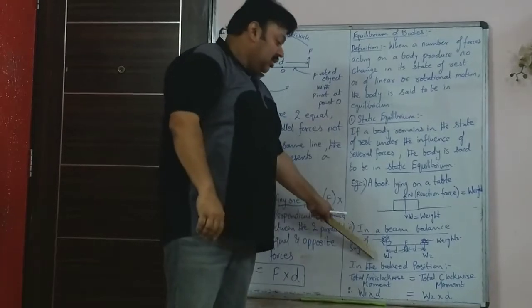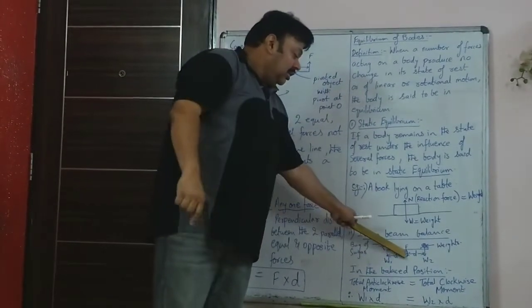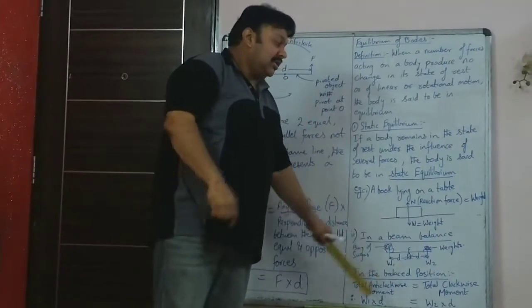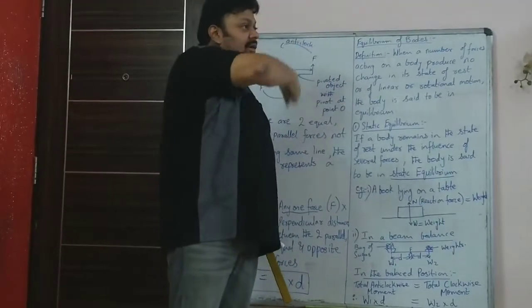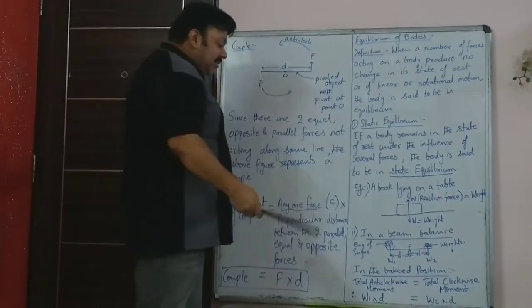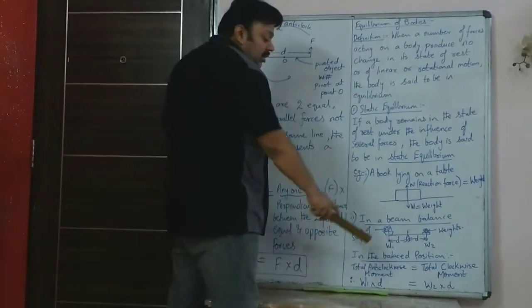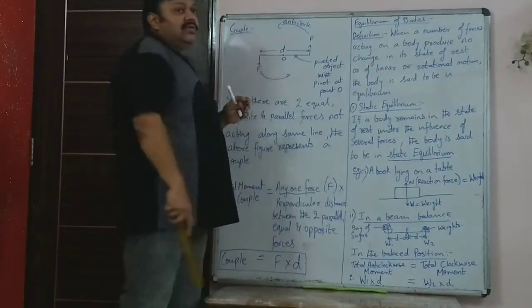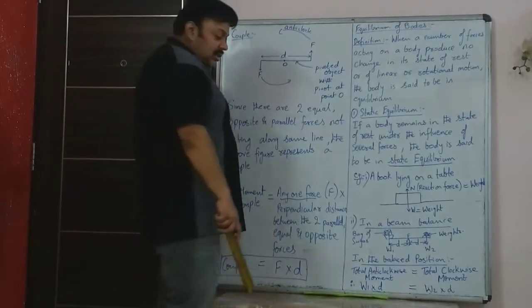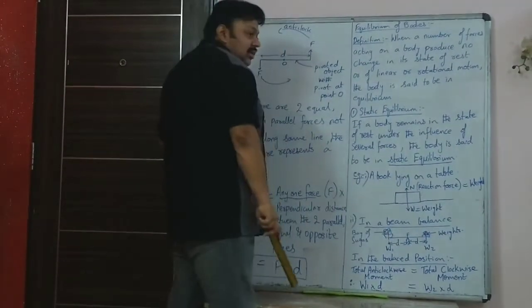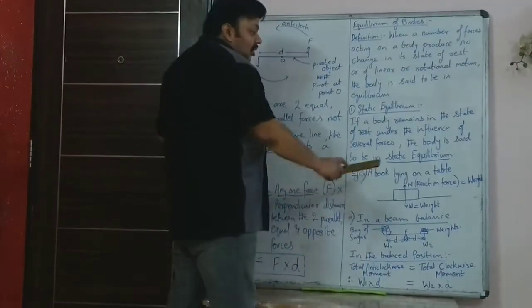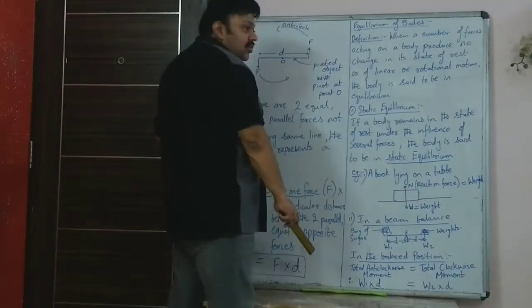If you give it a push here, because the axle is at the center, this side will rotate in this manner, and this therefore produces anti-clockwise movement. On the other side, you have the weights 2 kilos, 1 kilo, 5 kilo placed. Now let's assume this is not there and only those weights are placed. Obviously that weight will cause that part to go down.